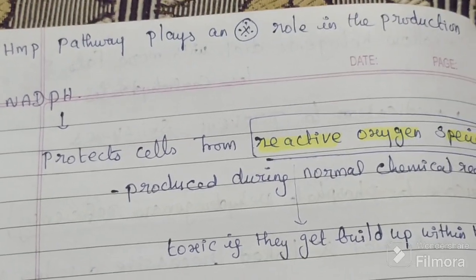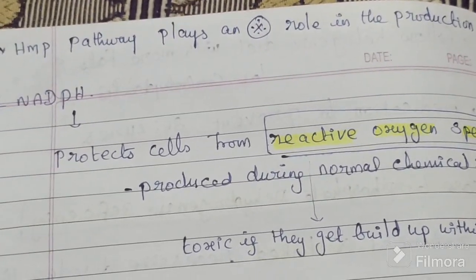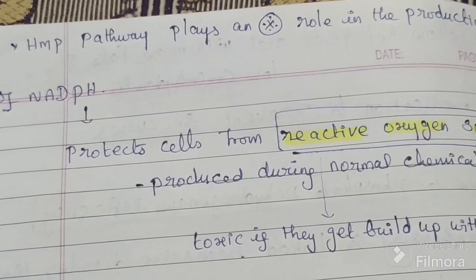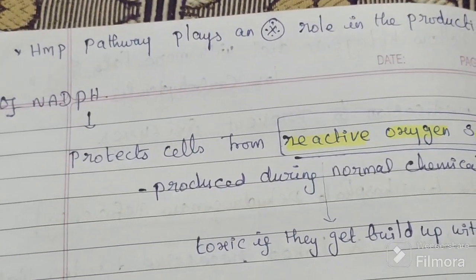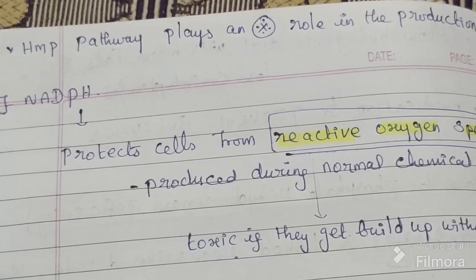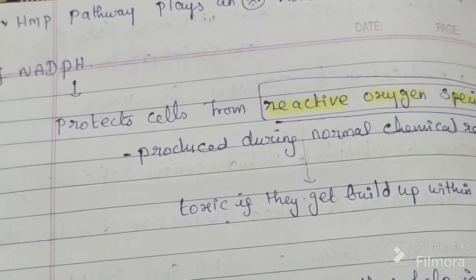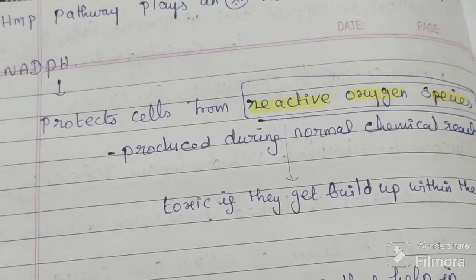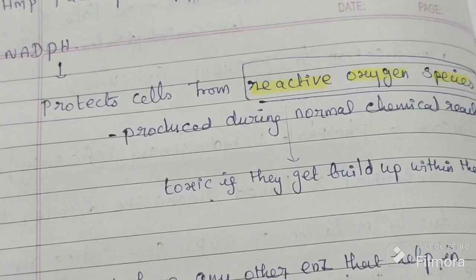The HMP pathway plays an important role in production of NADPH. This NADPH protects the cell from reactive oxygen species, which are produced during normal chemical reactions in the body. Reactive oxygen species are toxic if they get built up within the cell.